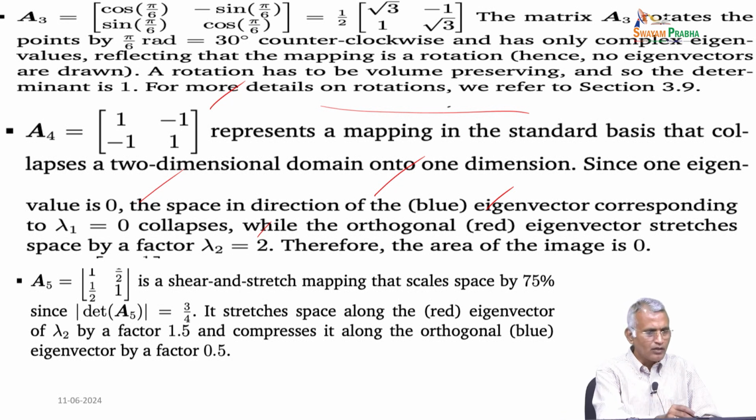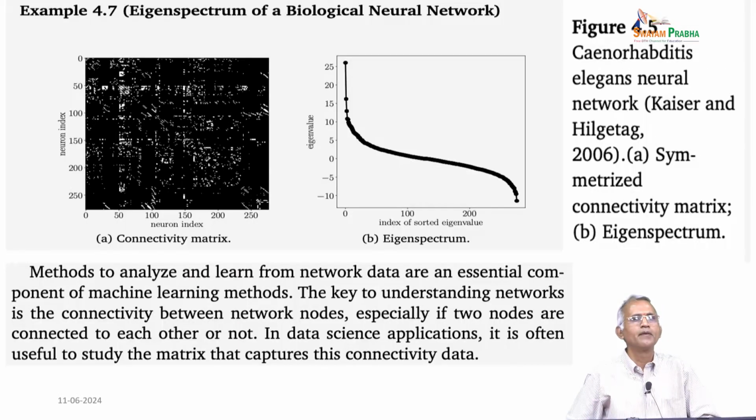A5 equal to [1 1/2; 1/2 1] is a shear and stretch mapping that scales space by 75%, since the determinant of A5 equals 3/4. It stretches space along the red eigenvector of lambda 2 by a factor of 1.5 and compresses it along the orthogonal blue eigenvector by a factor of 0.5.